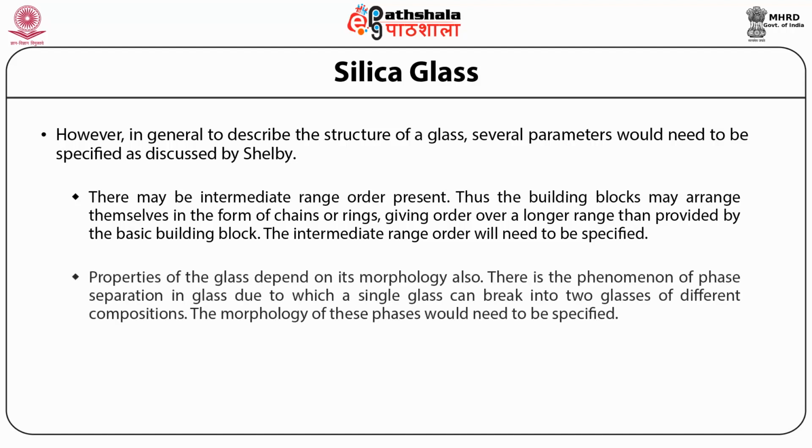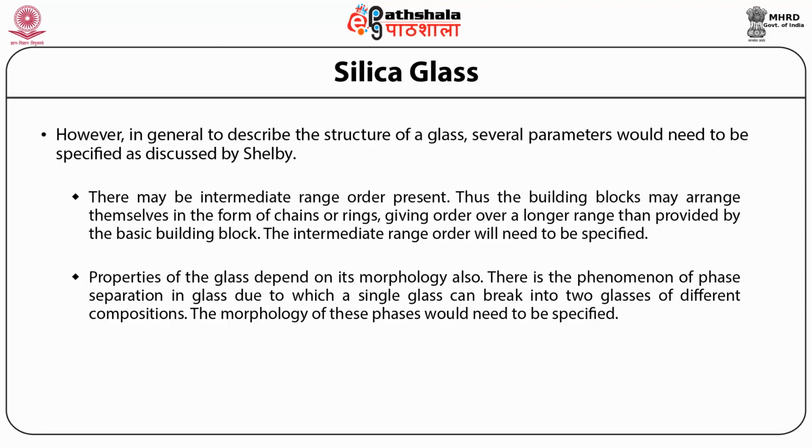Next, the properties of the glass dependent on its morphology. There is the phenomenon of phase separation in glass, due to which a single glass can break into 2 glasses of different compositions.